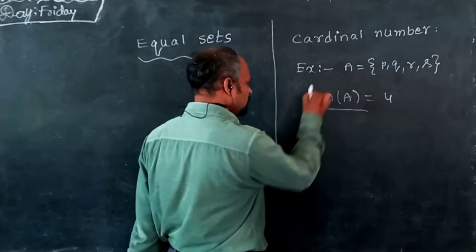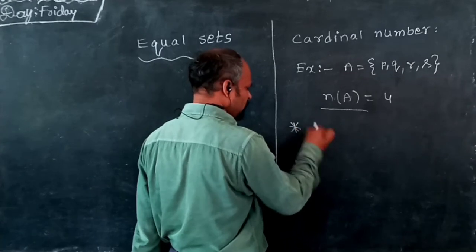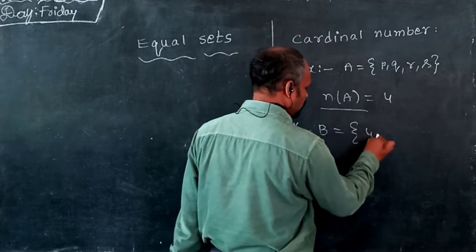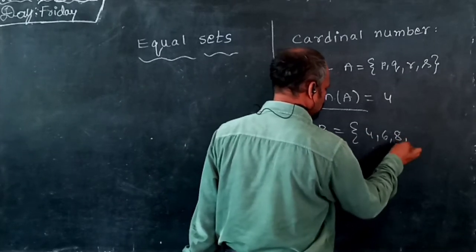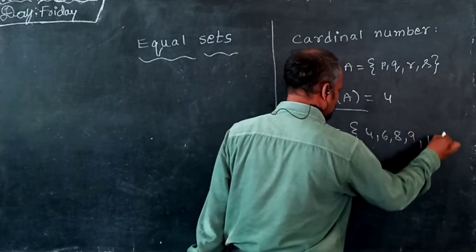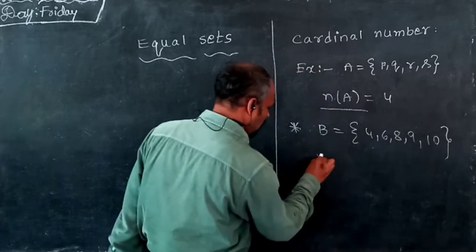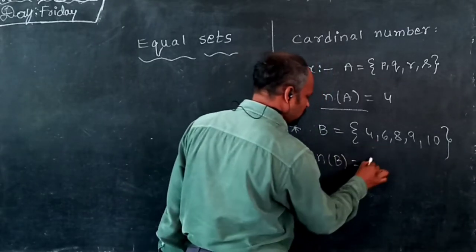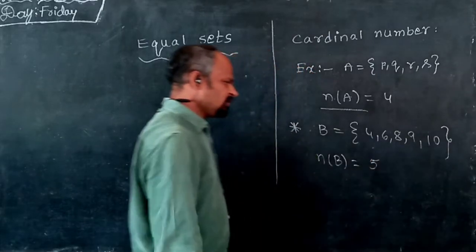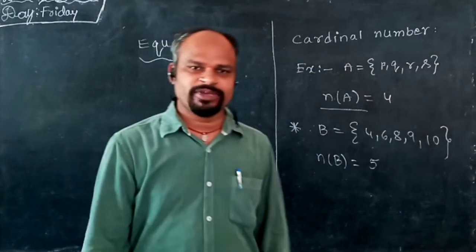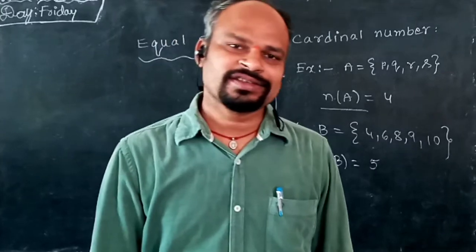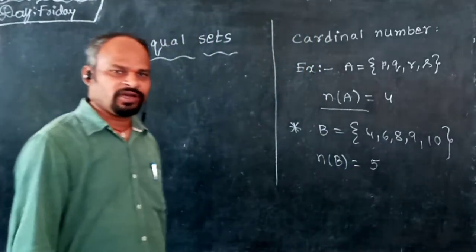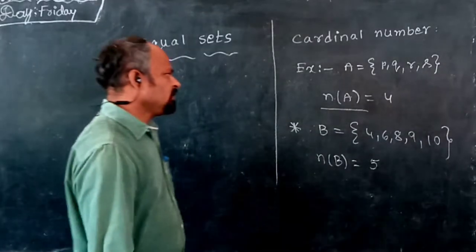Next, one more example. B is equal to a set, and now the cardinal number n(B) is equal to 5. The number of elements present in a set is called the cardinal number of a set.